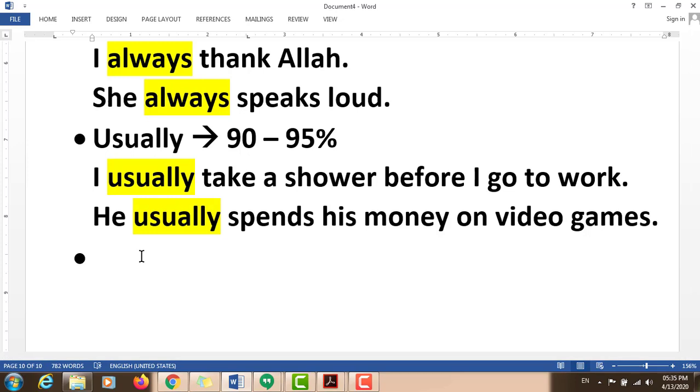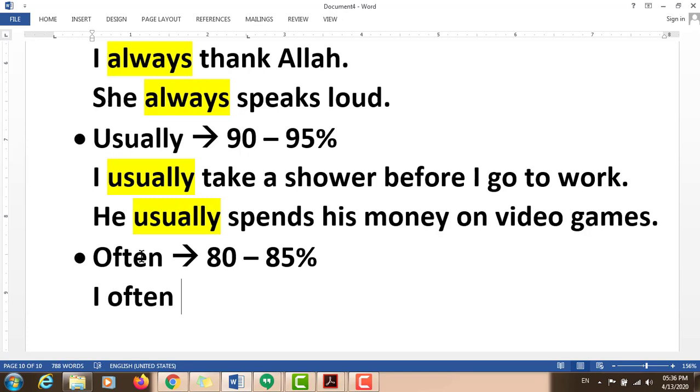Okay, next, after usually we can use often. Often we will take it like this: 80 to 85%, you do something. For example, I often cook.